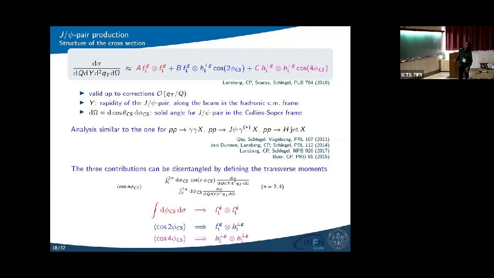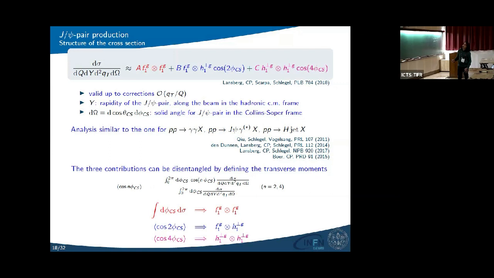We have an angular independent term, which gives access to a convolution of unpolarized gluon TMDs. And then we have a convolution of unpolarized and linearly polarized, this is a cos2 phi. The cos4 phi is a convolution of two linearly polarized gluons, and one can separate all these contributions by weighting the cross-section with these angles.